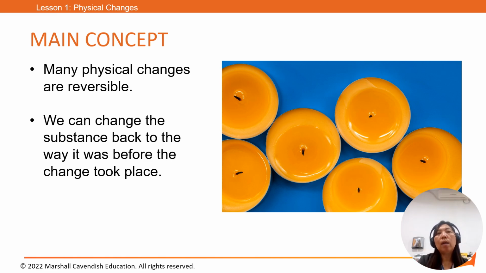It is reversible. So what are some other physical changes that are reversible? Can you think about it? Actually, evaporation and condensation are physical changes that are reversible. Why do we say that?